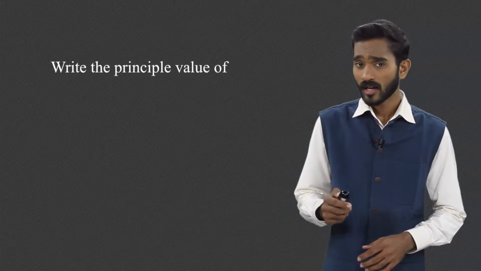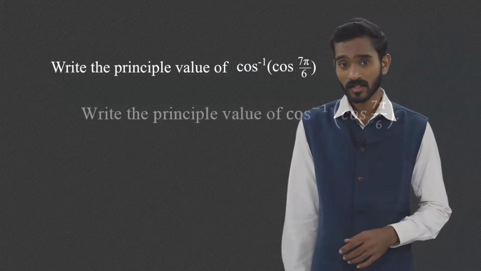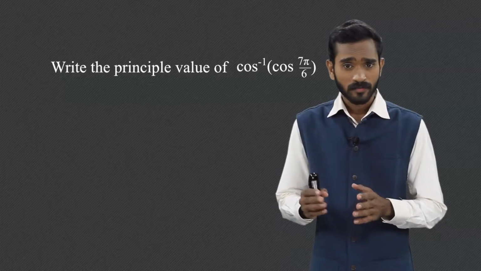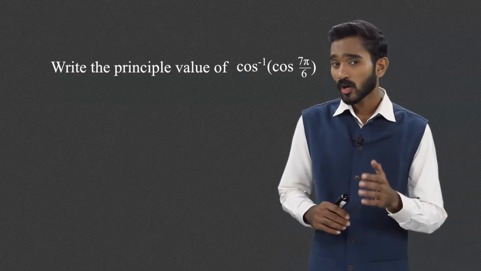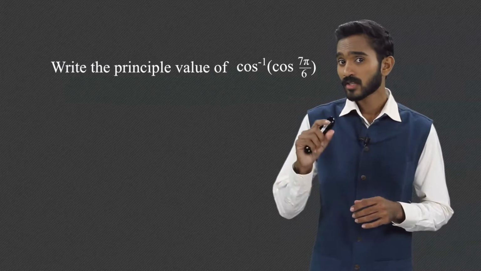Now the next question. Write the principal value of cos inverse cos 7 pi by 6. Now the answer. The principal value branch of cos inverse is the closed interval 0, pi.